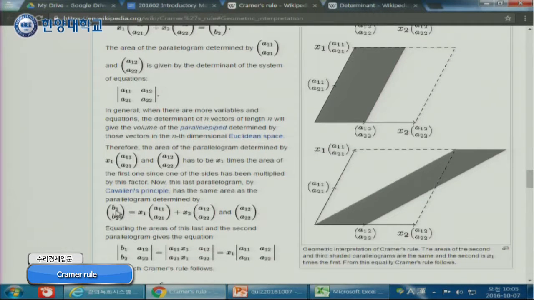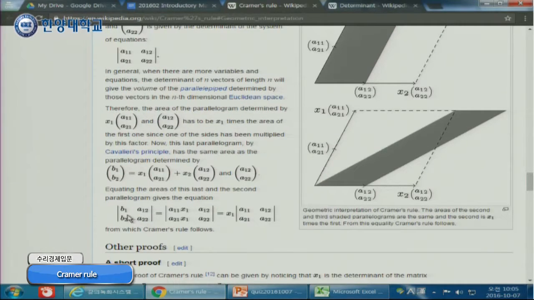So basically, we have B1, B2 equals x1 times A11, A21 plus x2 times A12, A22. And then, equating this equation, okay. So if we change B1, B2, A12, A22, then we are thinking about this determinant, and this determinant basically tells you the size of this area, right?